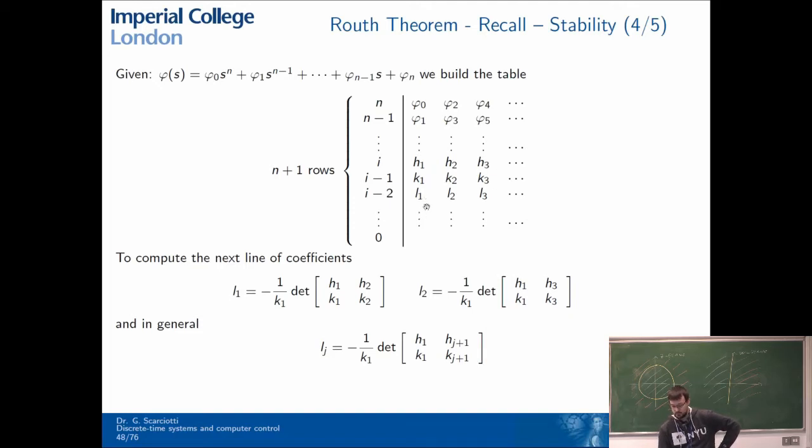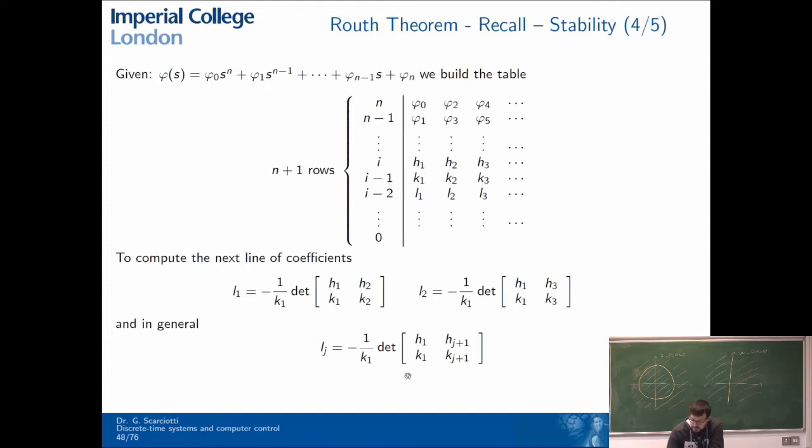How do we compute L1? To compute L1, we have to use this formula here, okay? L1 is the determinant of this submatrix, divided by minus this element here. And then for L2, the formula is this, and in general, for the element Lj, the formula is this one.